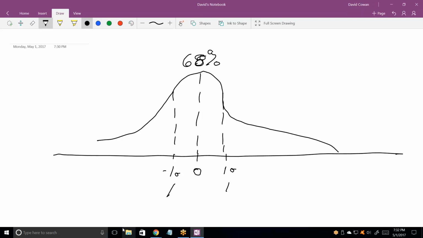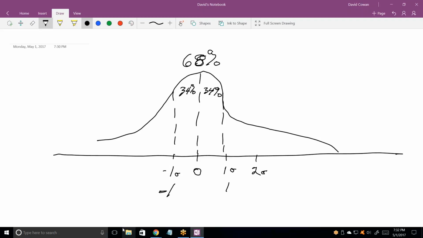So I'm going to label those points 1 and -1. And what that means is that 34% is in that zone and 34% is in that zone. Now, what I'm drawing here is a general. This applies to anything, and that's why I'm labeling it funny.